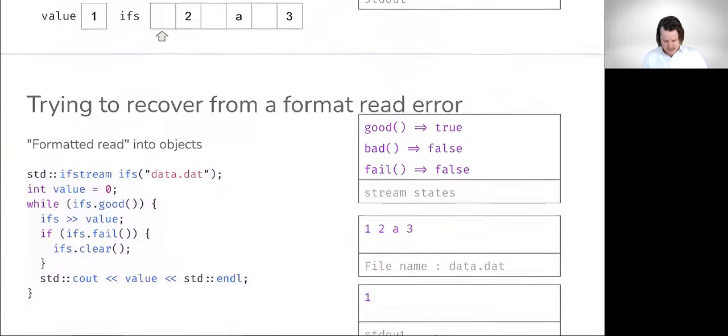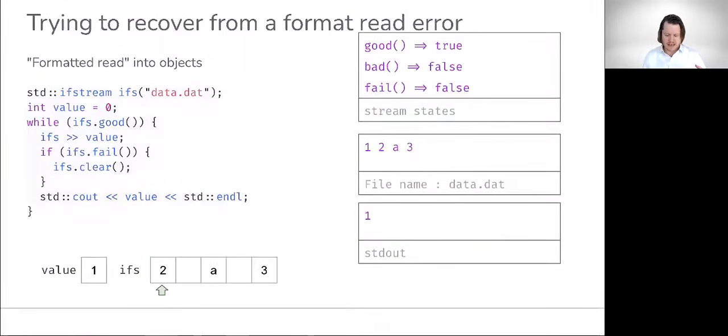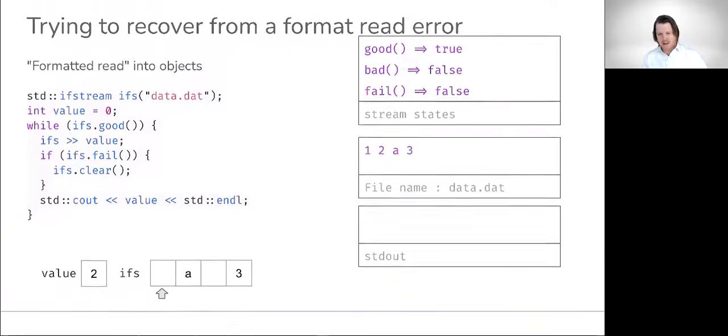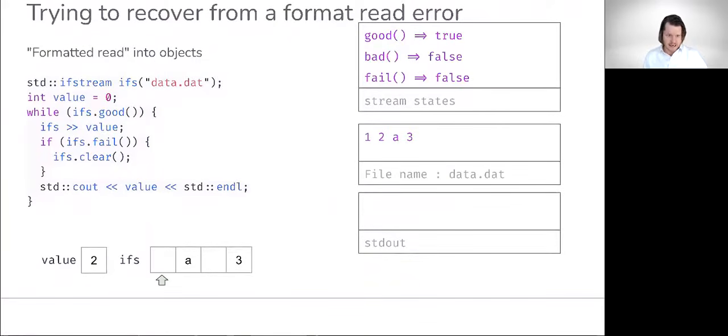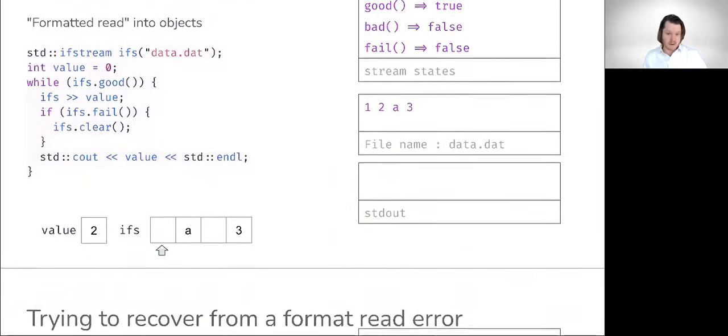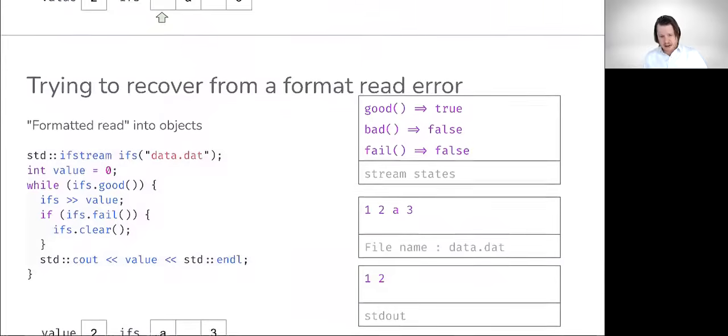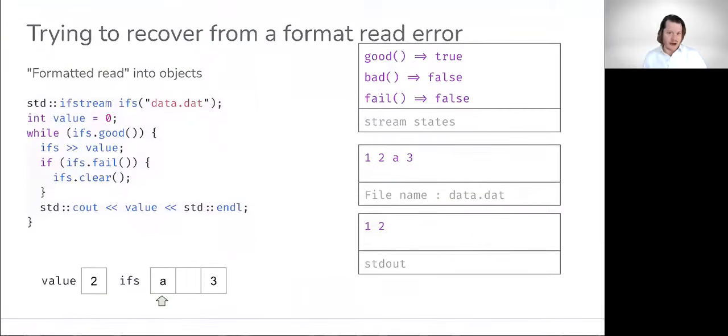And then we continue on. We now look at 2. We go ahead and begin reading from the stream. This meets our expectation of an integer. Okay, we hit the white space. We know we're done reading in this second value 2. It's output to standard output, and then we're at the character. And this is where things get interesting.